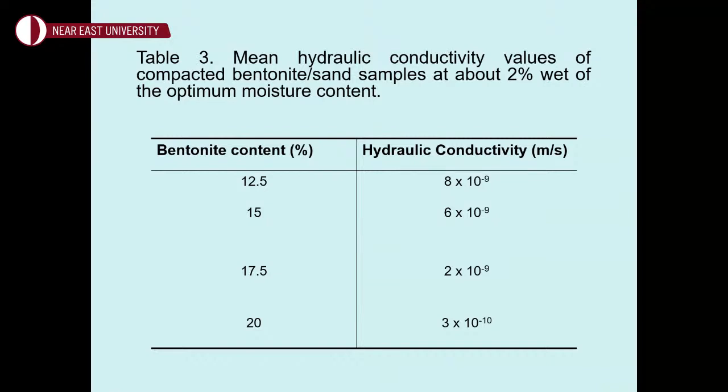According to the hydraulic conductivity results coming out of the compaction permeameter, hydraulic conductivity is obviously decreasing with bentonite content, and if we were to use the federal regulations for landfill liners, which is 10 to the minus 9 meters per second, we found out that the 20% bentonite content in our bentonite sand compacted mixture satisfied the regulatory requirement of 10 to the minus 9 meters per second.